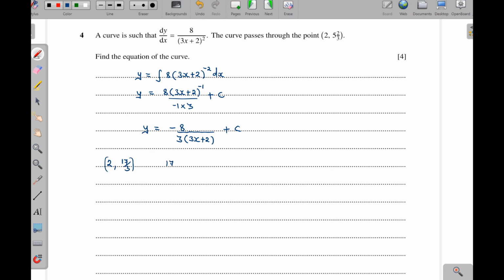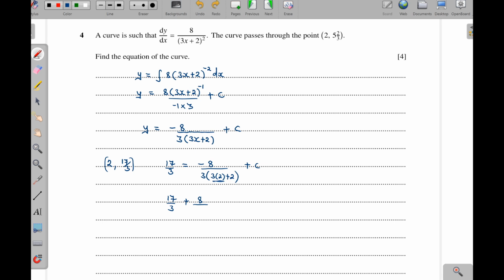We have our y as 17 over 3, which is equal to negative 8 out of 3 into 3 times 2, then plus the 2 here. So we shall have 17 over 3. When, of course, this one crosses, it becomes a plus. So plus 8, then out of 3 times 6. What do you get? 3 times 2, you get 6, then plus 2, you get 8.